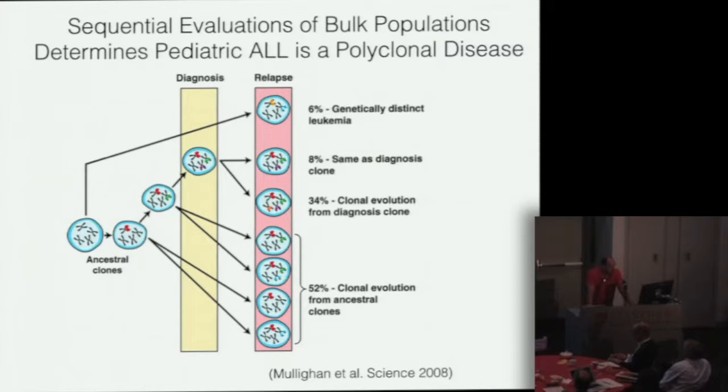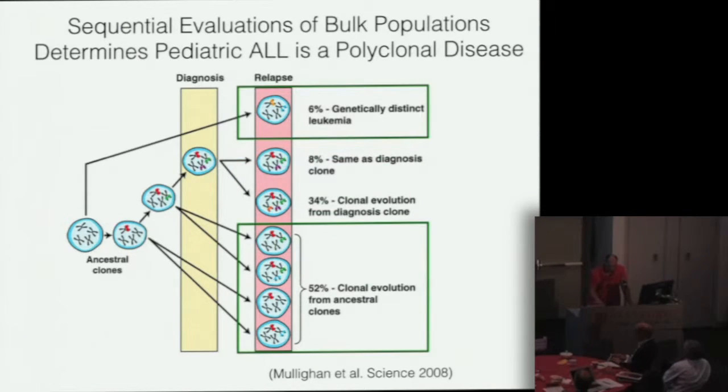About a third of the time, it's some kind of evolution from that. Half the time, it's clearly evolved from some distant ancestral clone, and about 6% of the time, it just seems to be quite distinct. This is very strong motivation to try to understand, at a given point in time, what the whole clonal structure of the tumor looks like, so that you can understand what the potential routes are to relapse and so forth.